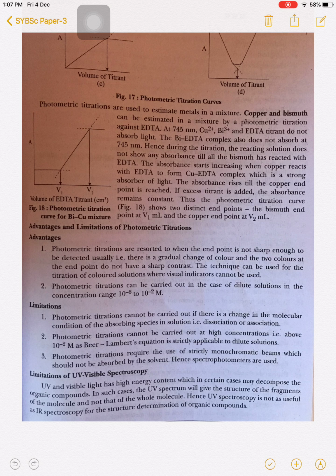In that case, the UV spectrum will give the structure of fragments of the molecule and not that of the whole molecule. Hence, UV spectroscopy is not as useful as IR spectroscopy for structure determination of organic compounds, because of the high energy radiations the compound gets decomposed or broken.